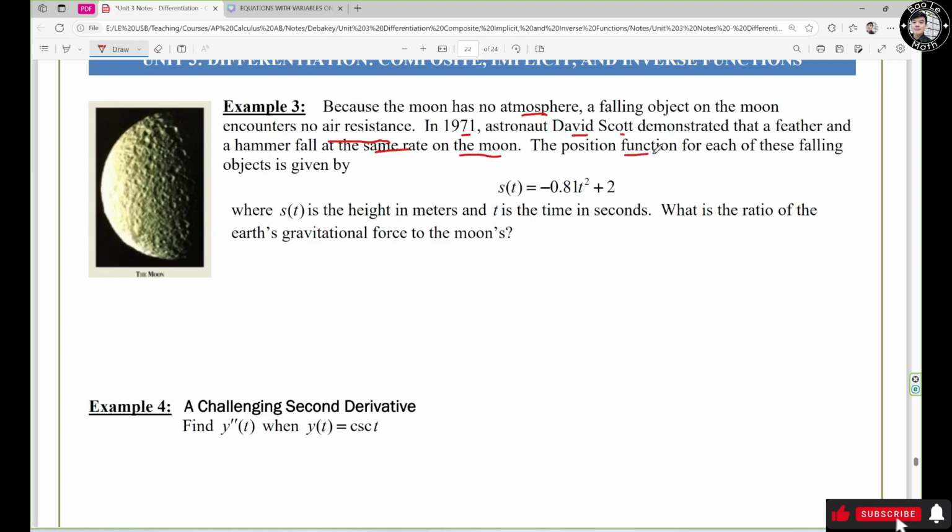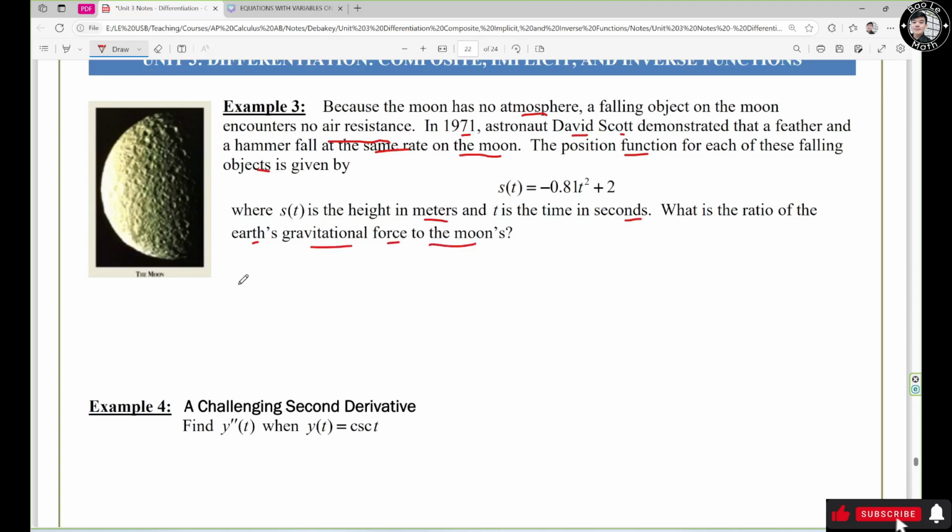The position function for each of these falling objects is given by S of t equals negative 0.81 t squared plus 2, where S of t is the height in meters and t is the time in seconds. What is the ratio of the Earth's gravitational force to the moon's?